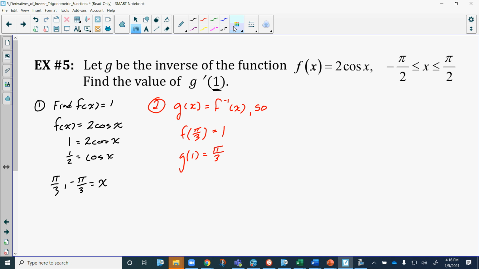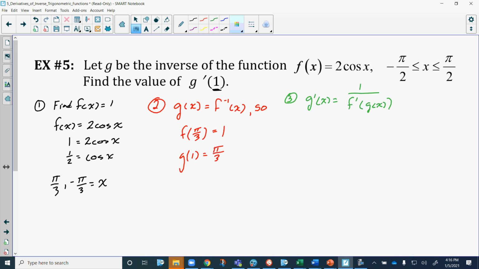So here, that's going to let me say that in this case, the derivative of the inverse, g prime of x, is going to be equal to 1 over f prime of g of x. Okay?